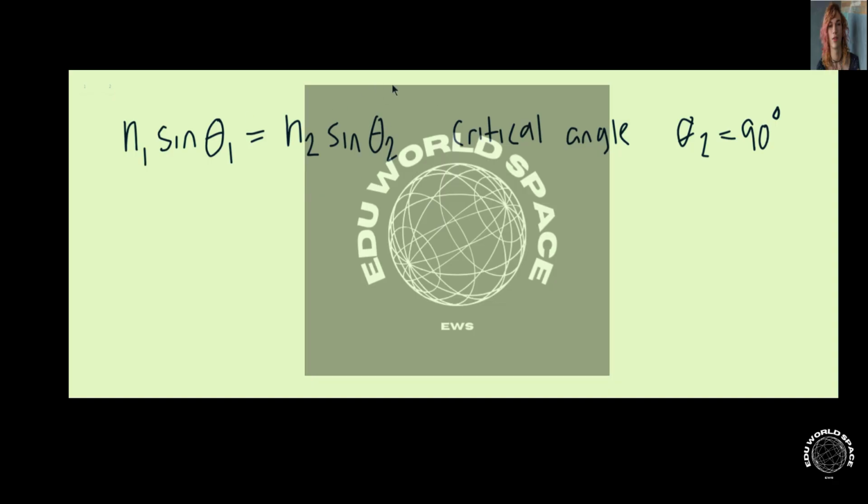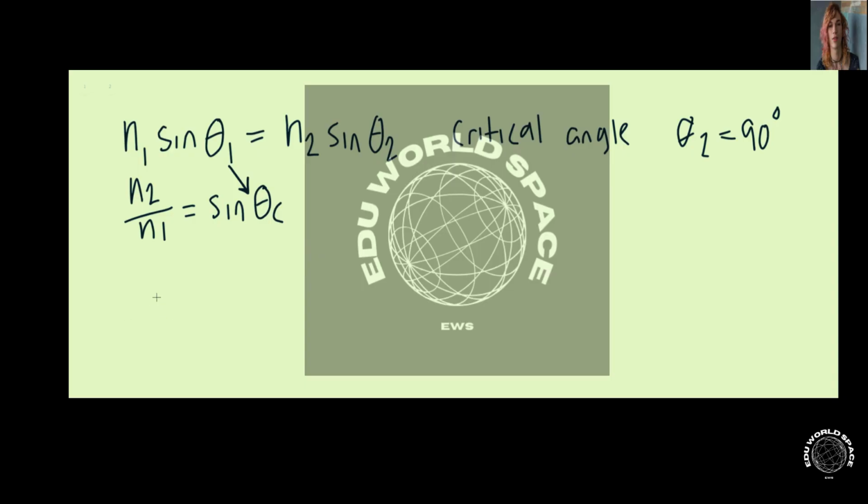So our sine of 90 degrees just becomes 1, and we're left with N2 over N1 equals sine theta C. This is the same as theta 1. It's the critical angle for total internal reflection. So we're going to make use of this in a second.